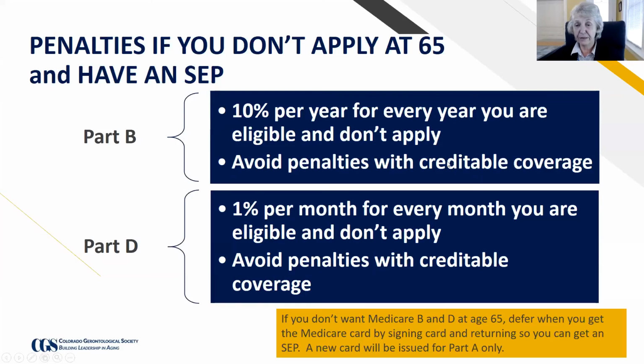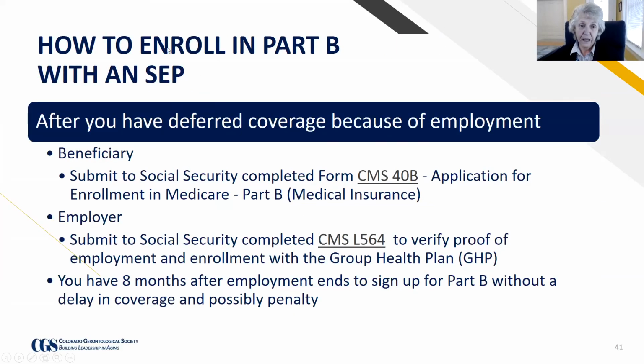This also happens if you don't have credible coverage from your employer or whatever other company you might be involved with, such as the Veterans Benefit or COBRA. Similarly, if you don't do it correctly, you will trigger a Part D penalty. And that is 1% per month for every month you're eligible and don't apply. And you can avoid that if you have credible coverage as well.